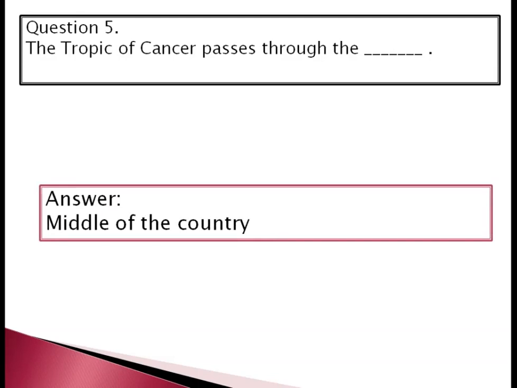If we read this question, we see that it is not asking for the names of the states from where the Tropic of Cancer is passing. It is asking about our country, so it passes through the middle of the country.